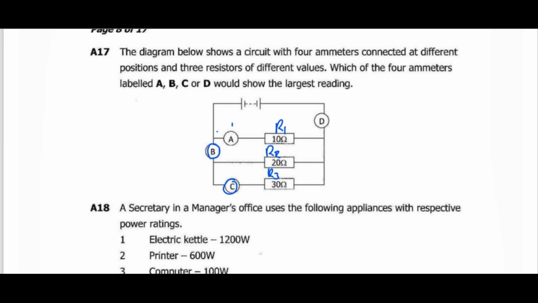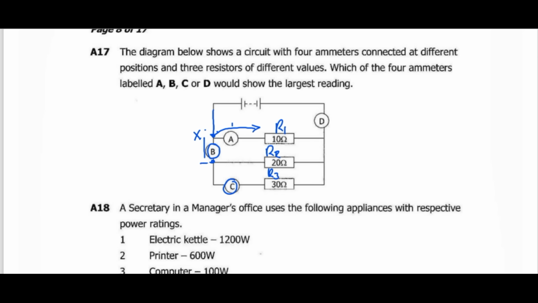Then if you look at D, let's look at the pattern. If current is coming at this junction, what happens at this junction? We'll call this junction, let's say X. A certain amount of current will go this way, then the remainder of that current will proceed.